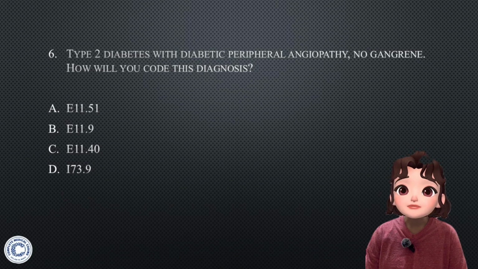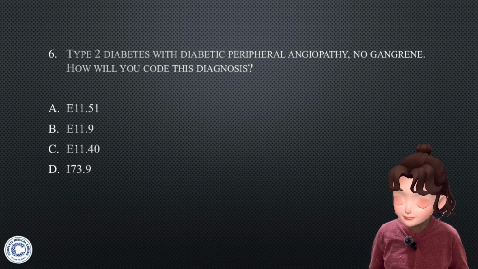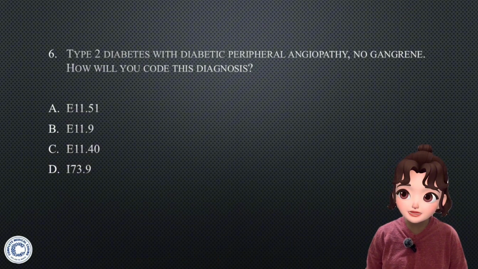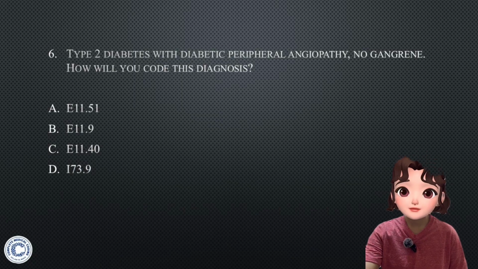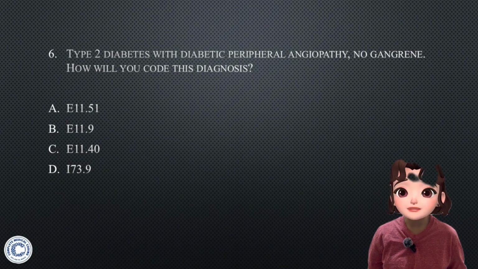Okay. Anyway, moving to first option, E11.51. What is E11.51? Type 2 DM with diabetic peripheral angiopathy, without gangrene. Of course, this is what we need. Still, we will check the other options as well.